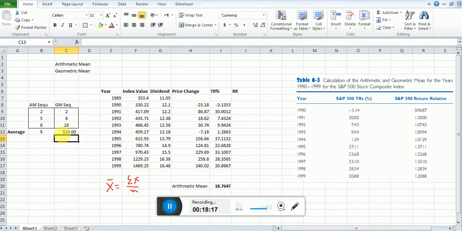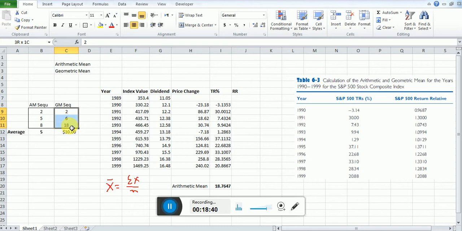This is not giving you the in-between value, while in the geometric sequence the average is 6, but the arithmetic mean is not giving you this value of 6, right? Okay, why? Because this 10 value cannot be the average for this data.